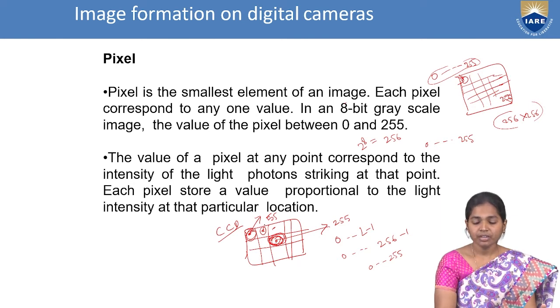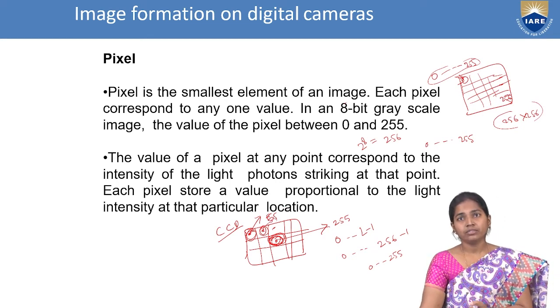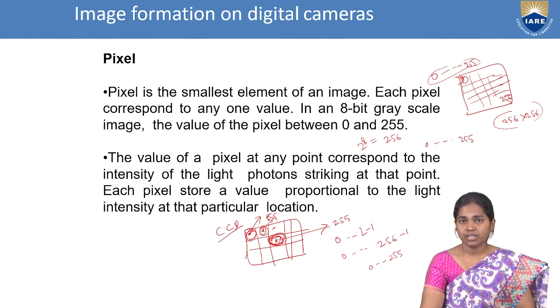If fewer photons strike at this point, the light intensity is less, the gray level value is 55, and that gray level value is stored in that particular pixel only.